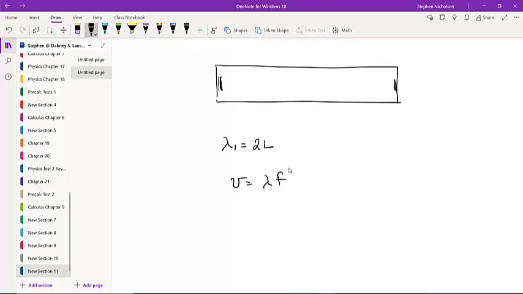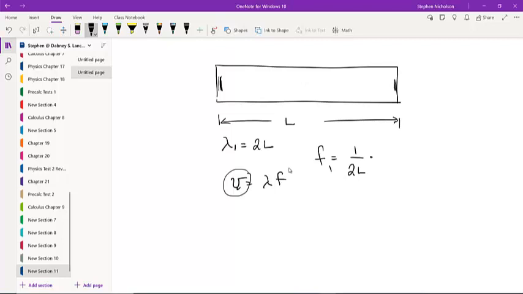Now in this case, the velocity is not a function of the string. It's not a function of the tension in the string or the mass of the string. It's a function of the speed of sound. So if you solve for the frequency, the fundamental frequency for a tube open at both ends ends up being 1 over 2L, where L is the length of the tube open at both ends.